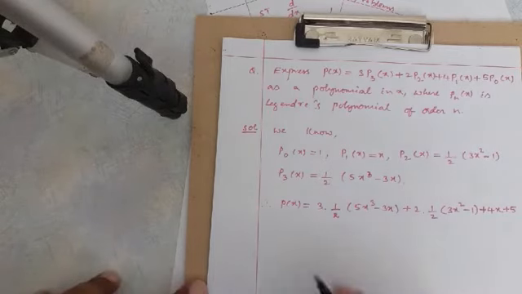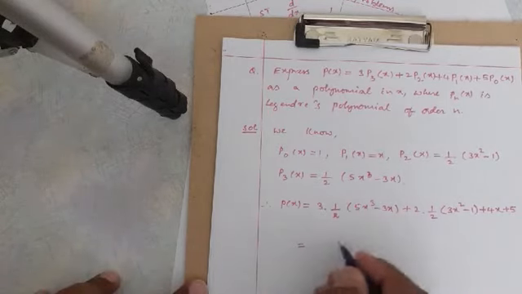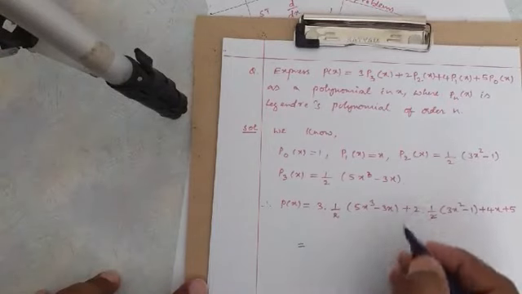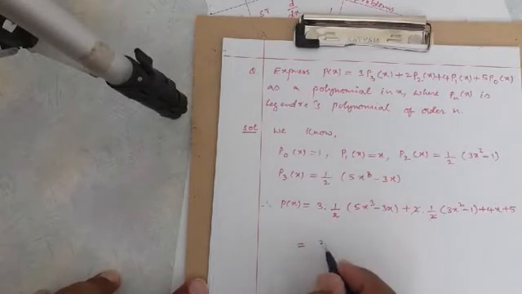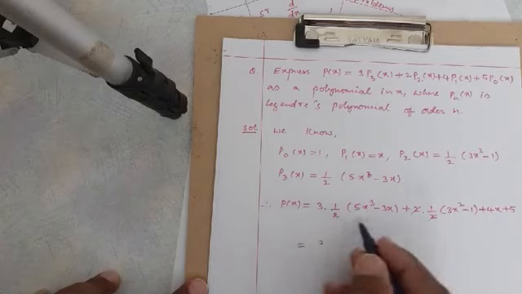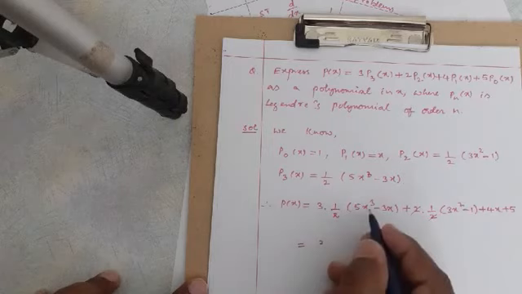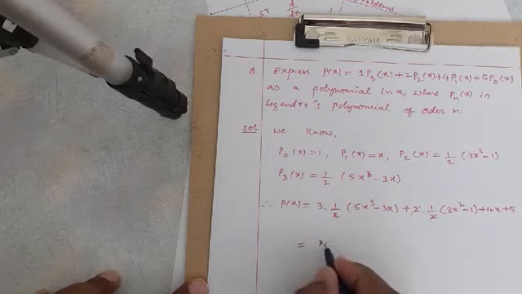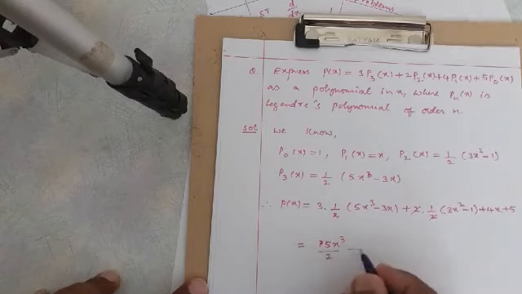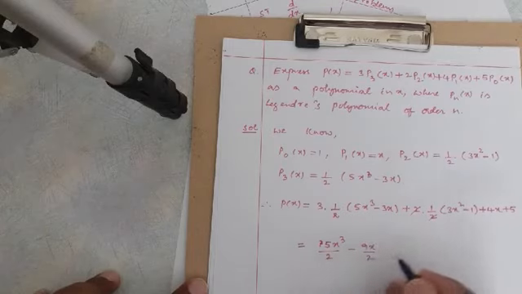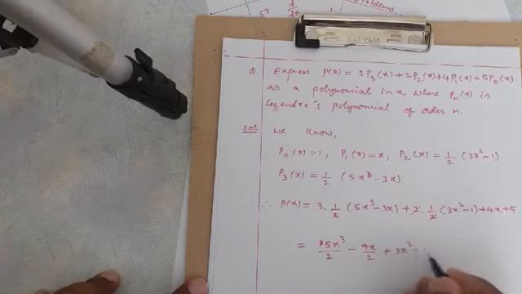Then after writing that, we simplify. Where you cancel this 2, you get 3/2. When you multiply and simplify, you get 3/2 into 5, so you get 15x cube/2. Next is minus 9x/2. Then we get plus 3x square minus 1 plus 4x plus 5.